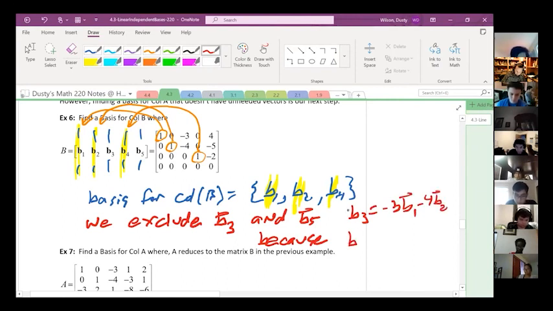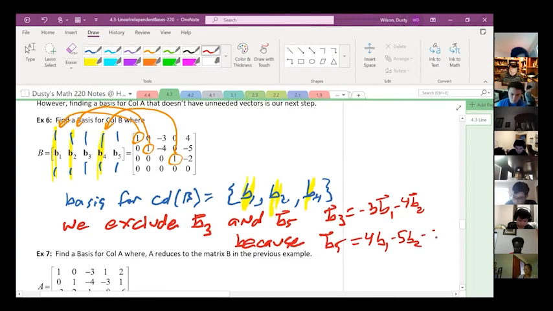And B5 is equal to 4B1 minus 5B2 and minus 2B4. Just so you're tracking those coefficients, these coefficients are the same as these numbers, and these coefficients are the same as those numbers.